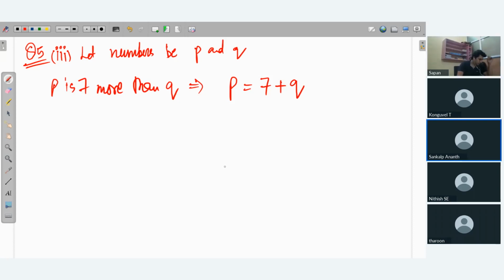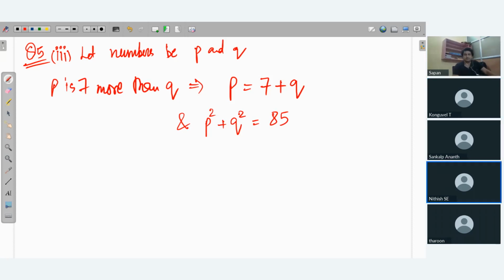And the sum of their squares is 85. What did you do? I tried substitution.